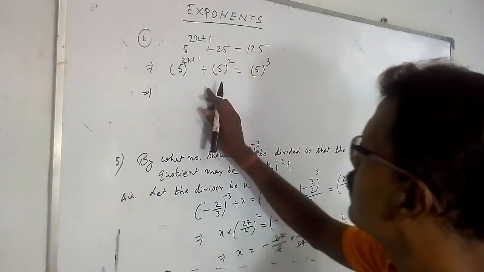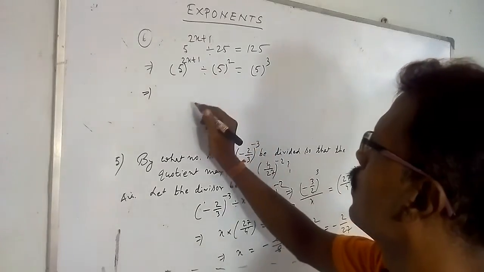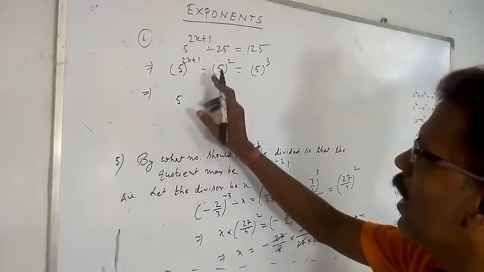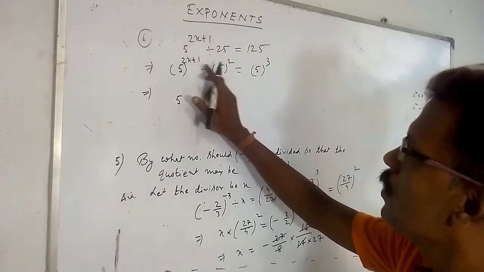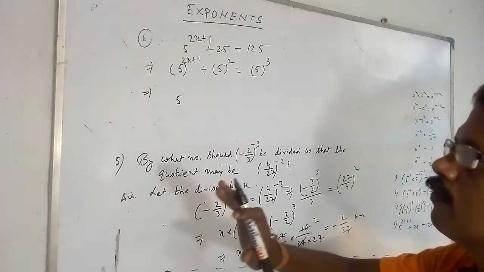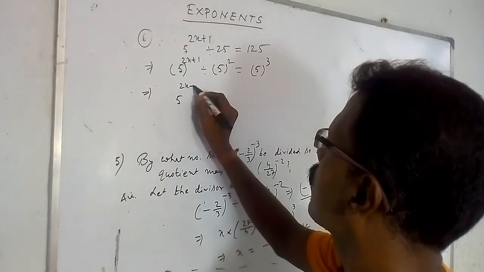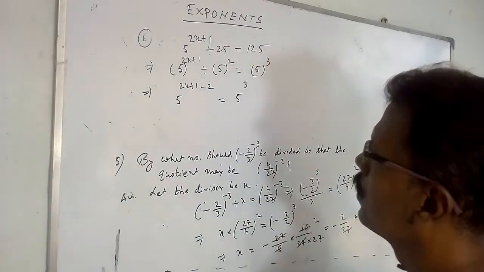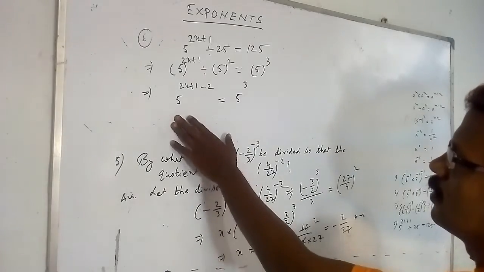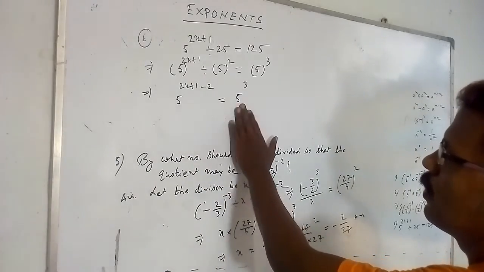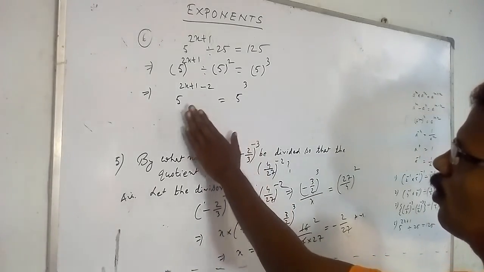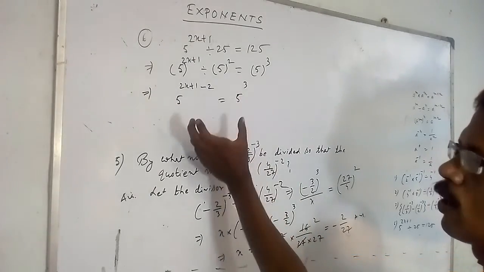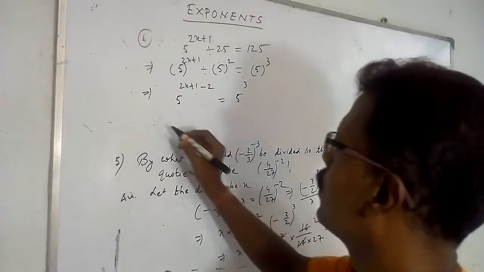Now as it is a division, the base should remain the same, and the indices, the powers, should be subtracted from the formula of exponents, that is 2x plus 1 minus 2, and at the right hand side it is 5 to the power 3. On both sides the bases are equal.